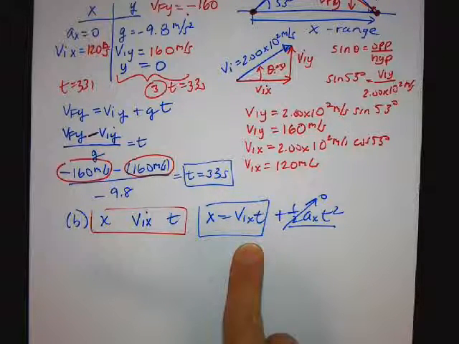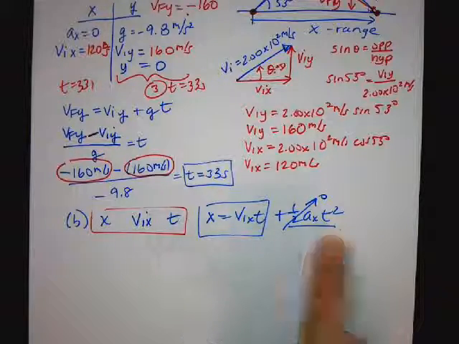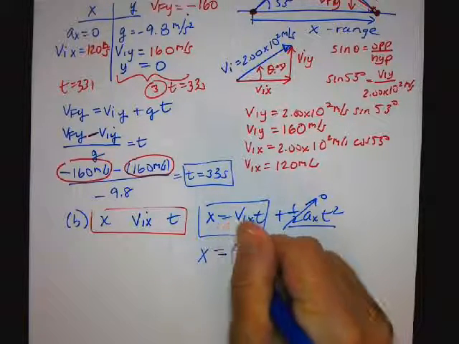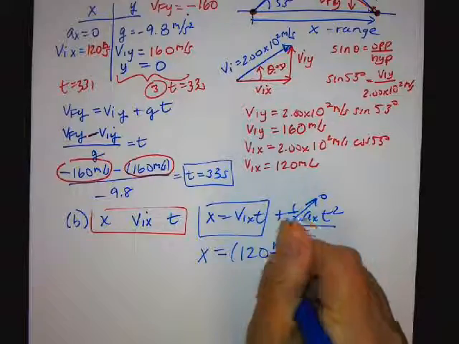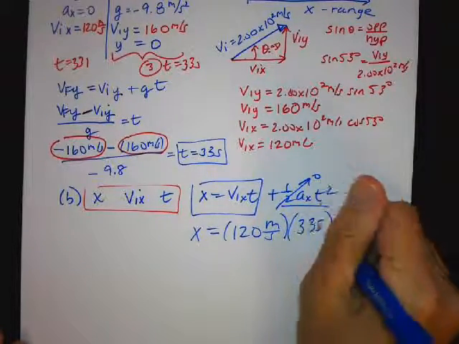It's just that there's no horizontal acceleration, so that whole term drops off. So x is equal to VIX, 120 meters per second, times the time, which is 33 seconds. So my seconds cancel, so I end up with meters, which is the correct unit.